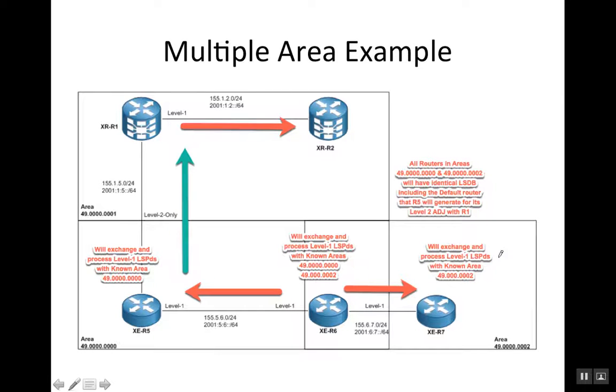There are things that you can do as far as route leaking is concerned if you want to see specific prefixes in the level 1 database, but that's outside of the scope of this presentation, but that is a possibility.